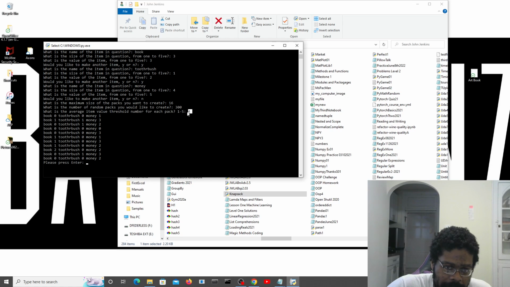The user adds in the average item value himself or herself, and based on that, a group of solutions is created. So that is my solution for the knapsack problem.